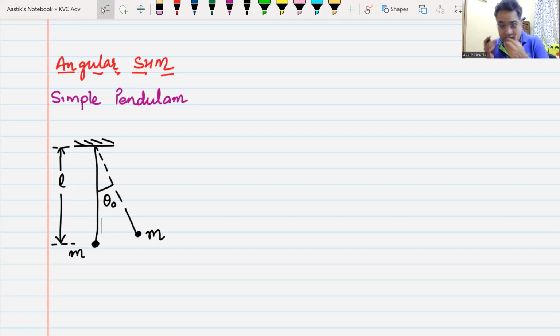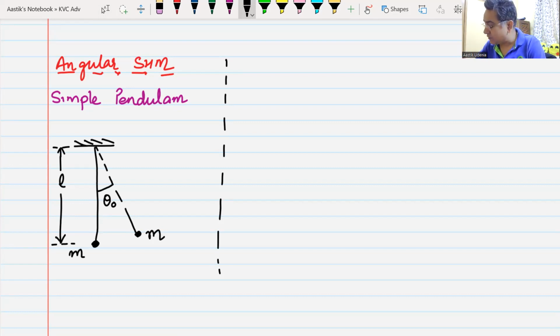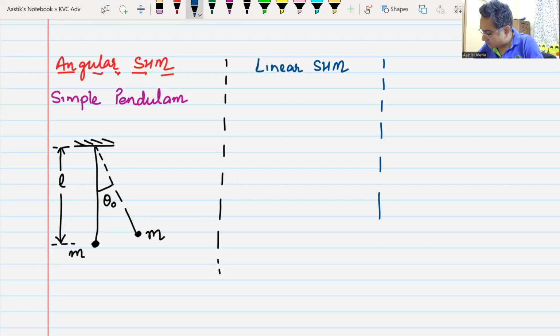Now we'll compare the equations of angular SHM and linear SHM, so we will understand the relation between them. I'm going to write the linear SHM here, and then we will write the angular SHM here.